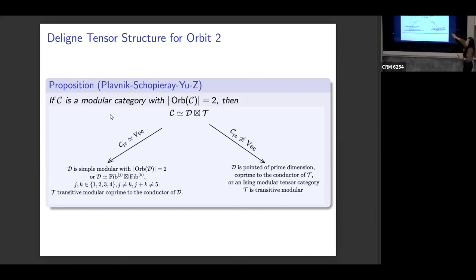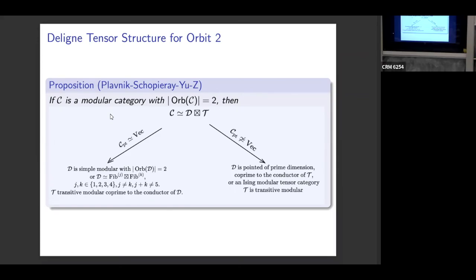When the pointed part is non-trivial, then this category D is a pointed one, which we saw before, of prime dimension, or an Ising modular category, which is the first row of the list of the examples. And here T is transitive modular. Also, we need to be careful when we put them together, so we add restrictions on their conductors.